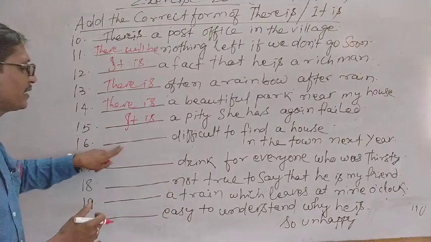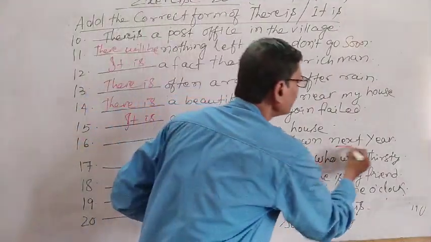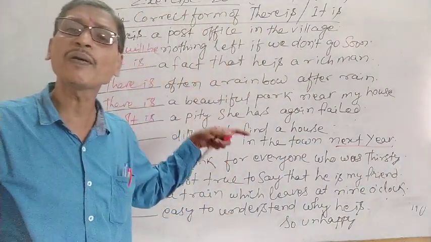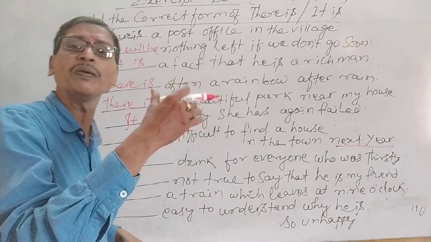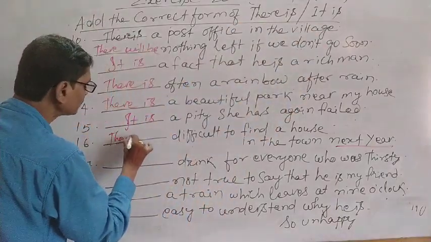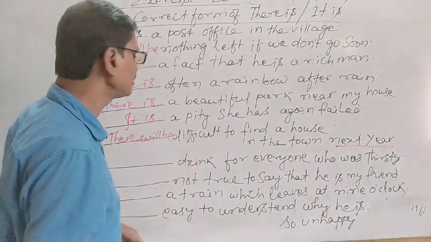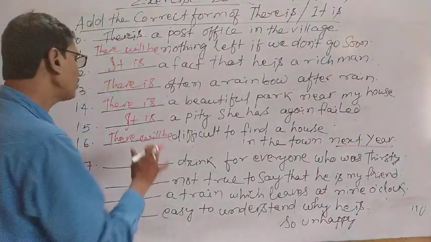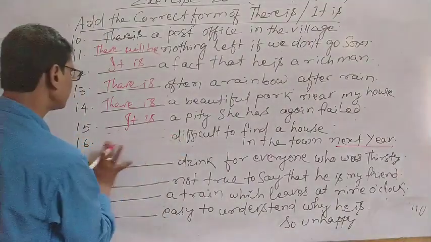Clear? Next, it's difficult to find a house in the town next year. Next year is talking about the future time. So there will be, the problem is existing in the future. Otherwise, you can say it will be difficult.